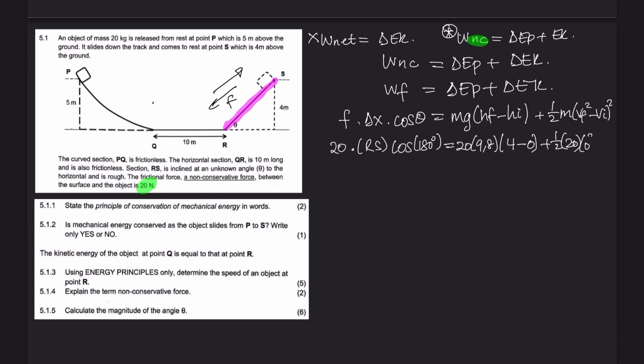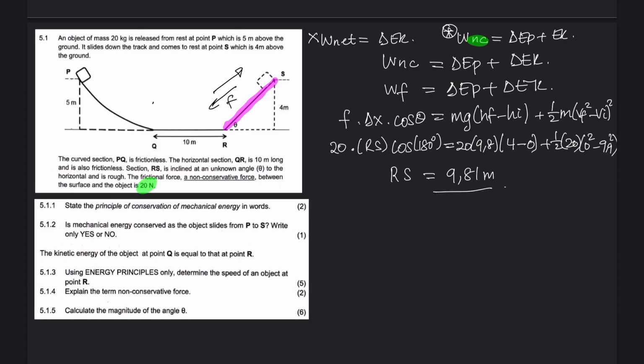So it's going to be 0 squared minus the velocity at R, which we worked out, it was 9,9, squared. Now it's just a matter of solving for RS. We'll get RS is equal to, double check, 9,81.